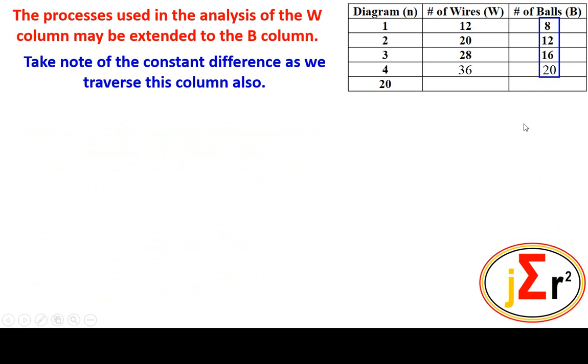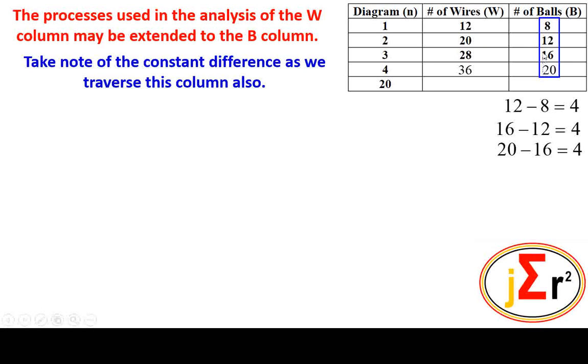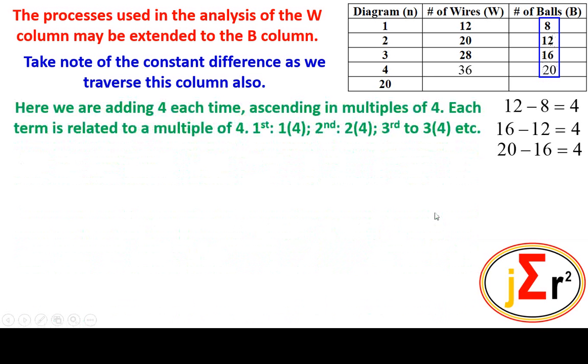Or, if we do the subtraction, 20 minus 16 is 4, 16 minus 12 is 4, and 12 minus 8, the result is 4. Here we are adding 4 each time, ascending in multiples of 4. Each term is related to a multiple of 4.